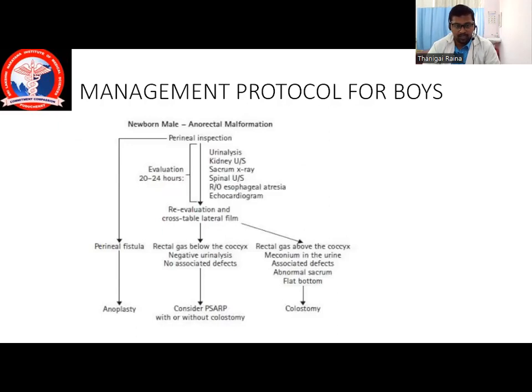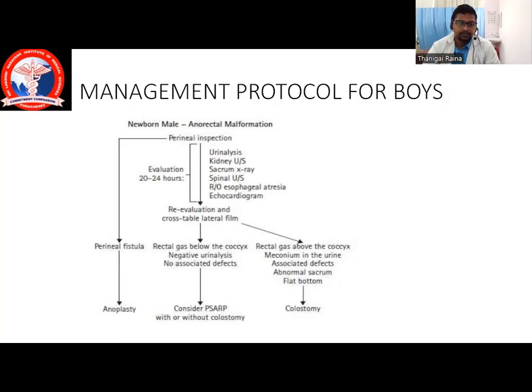Coming to the management protocol. If you suspect a newborn male baby with anorectal malformation, first do clinical evaluation, that is perineal inspection. If by looking directly you make a diagnosis of perineal fistula, go for anoplasty.